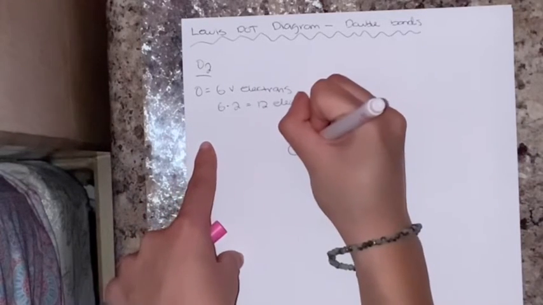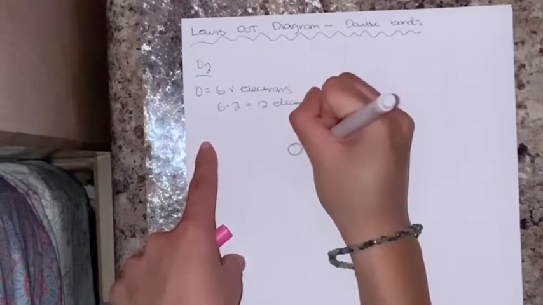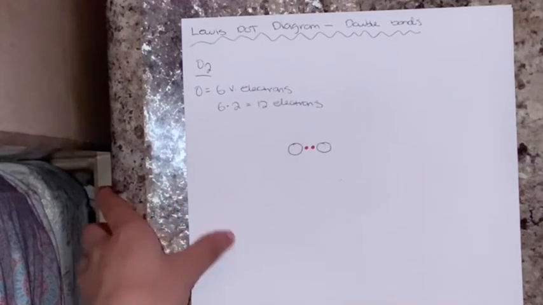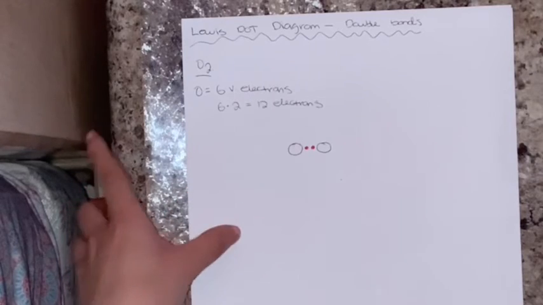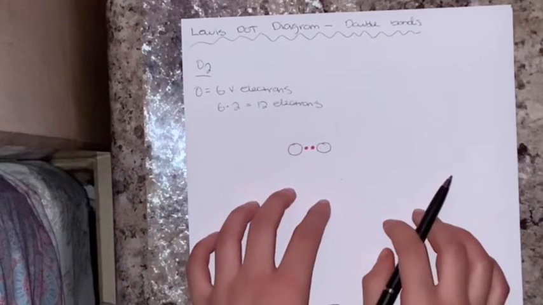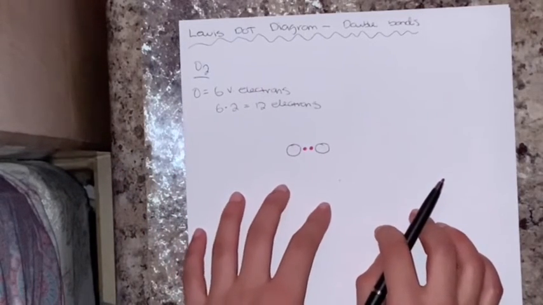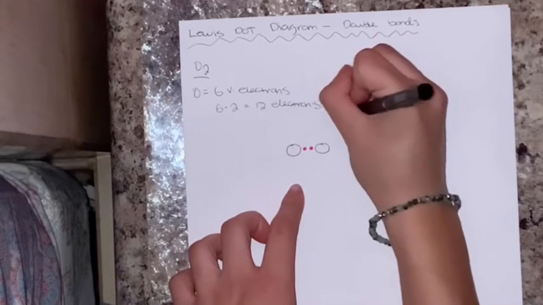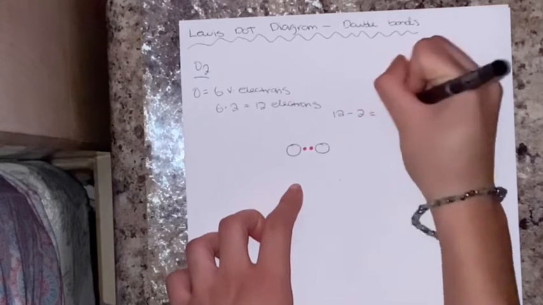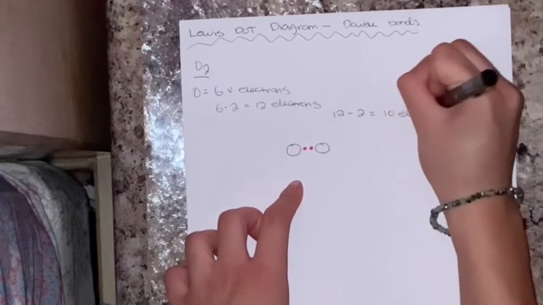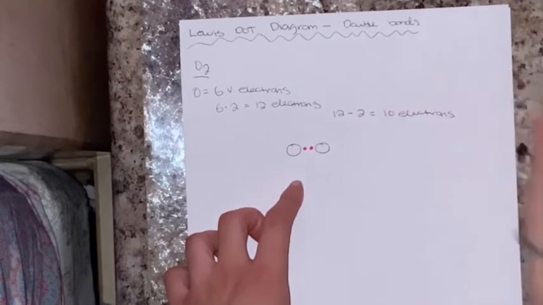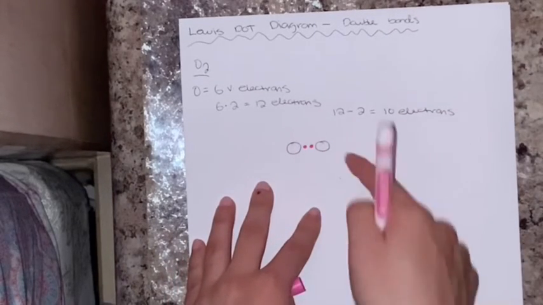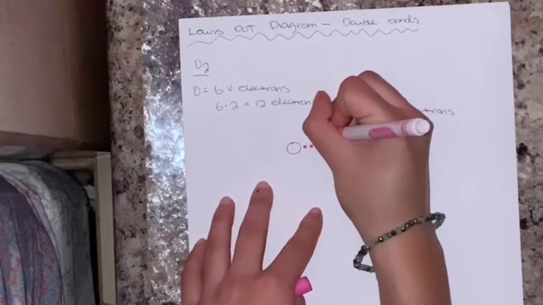And step number 2 is to put 2 electrons in the middle to create a bond. And so these 2 electrons are bonding, and later on we're going to substitute that with a dash. But first we're going to do the skeleton structure. And so we're going to have to distribute these 12 valence electrons to the symbols, and we subtract the 2 because we already drew 2 electrons, so we have a total of 10 electrons left to draw.